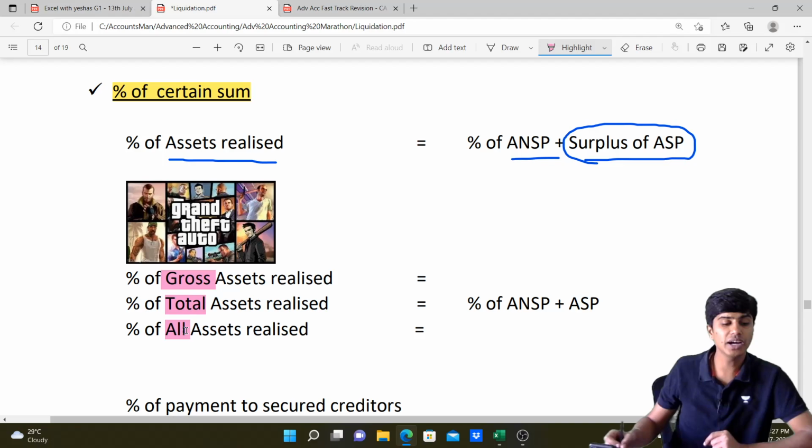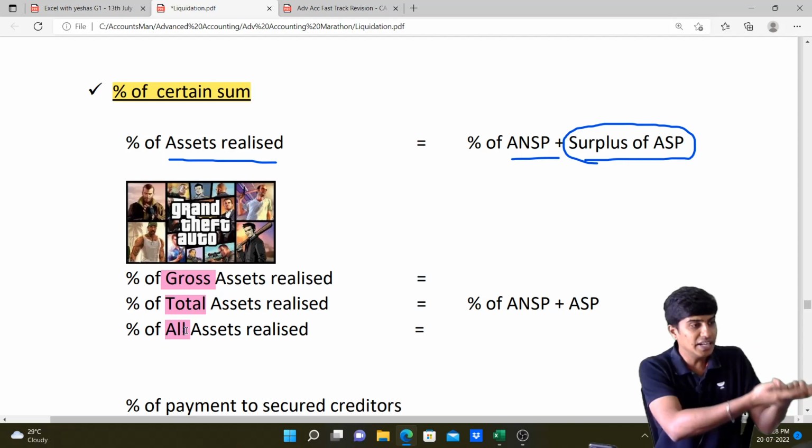Even if there is an asset specifically pledged, if the liability holder comes and asks for money, we won't give them the asset. We'll say, wait, I will sell the asset, I will realize the money, and I will pay you out of the money that I've realized. I am not going to give you the asset and then say, you sell the asset, you adjust your liability and pay me the surplus.